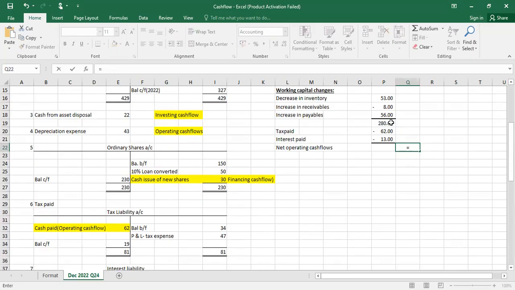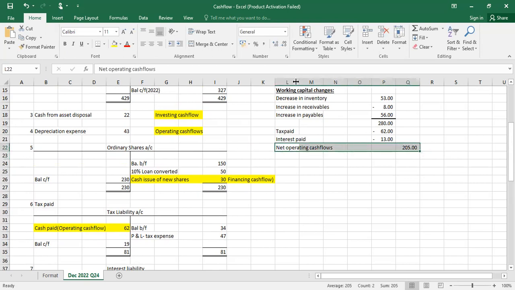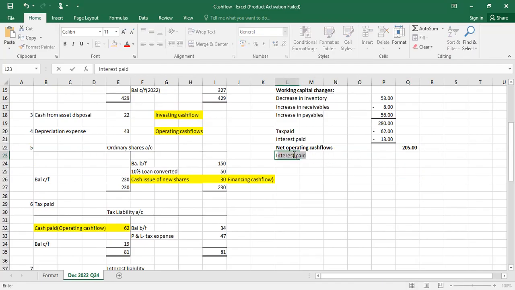So equal to sum of all these 280 and the other two payments. We end up with the 205, a plus. So that's it for the operating cash flows. The next category of cash flows are the investing. So we go to the investing cash flows.